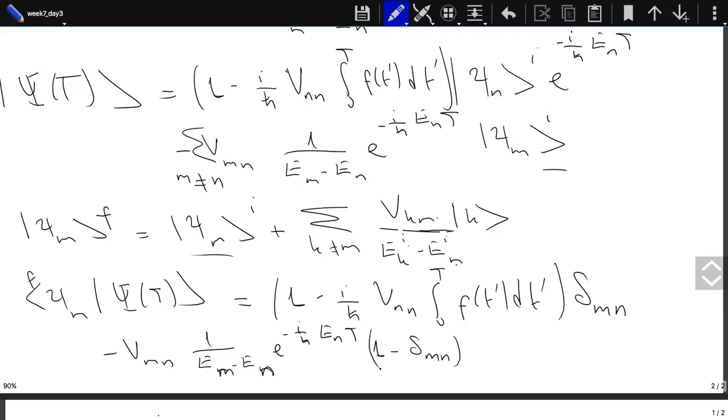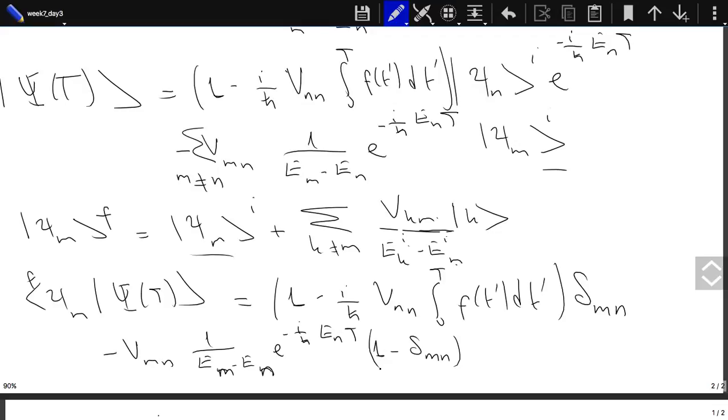So you see, there I have a sum of terms which do not contain the n. And when I multiply it with psi m, I'm basically projecting out the mth term. So if I project out the mth term, what remains is whatever factor we have, Vmn times 1 over Em minus En, and so on. But of course, the mth term exists in the sum only if m is different than n. If m is equal to n, then this term is 0.